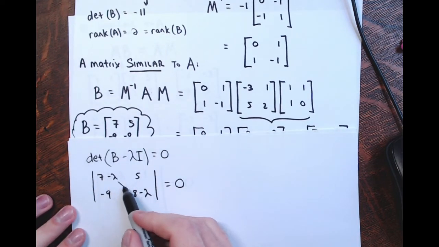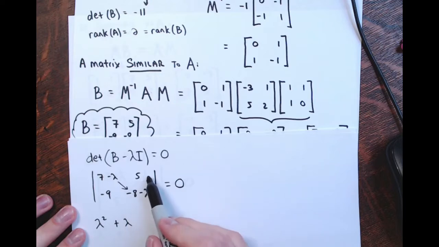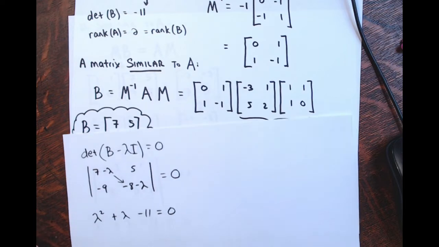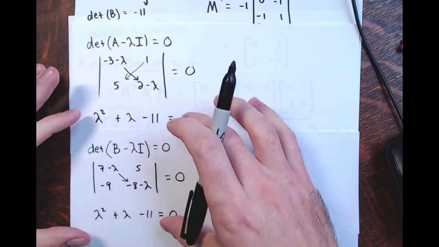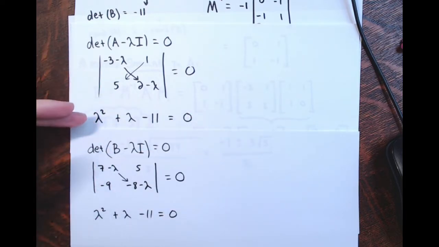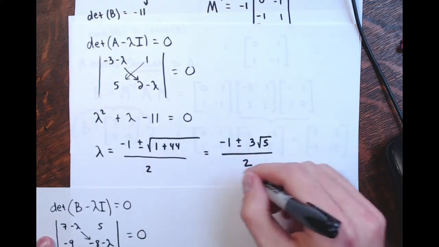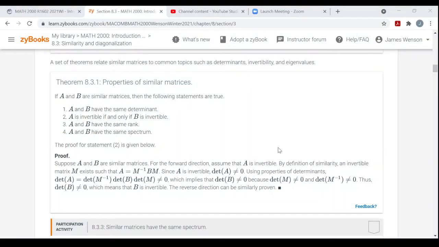Then I do this product here. I'll have lambda squared, then minus 7 lambda plus 8 lambda would be plus lambda. Then minus 56 plus 45 would be, hey, look at this, minus 11 equals 0. Same characteristic equation as earlier. So two similar matrices are going to have the same characteristic equation, therefore the same eigenvalues. This is just one example, but that will always happen.